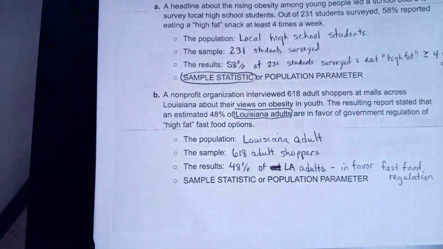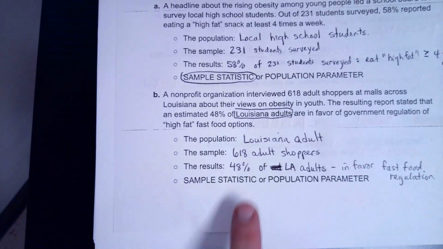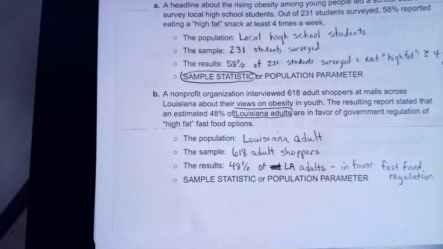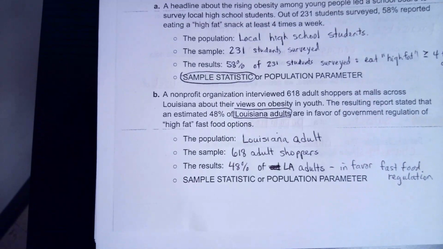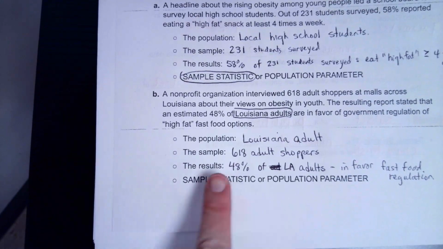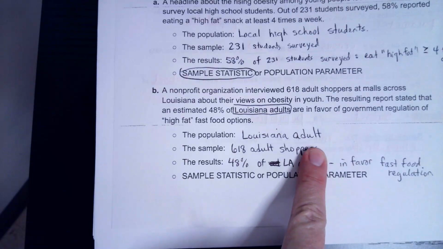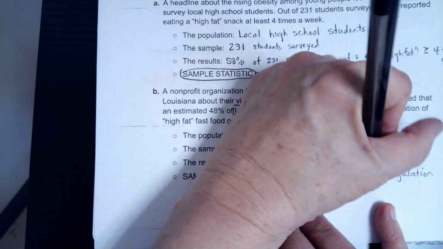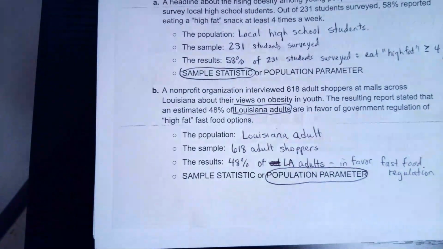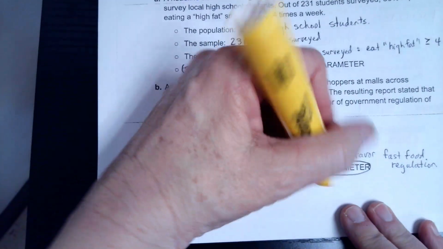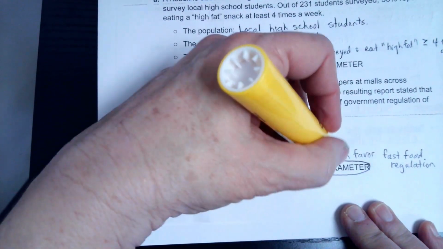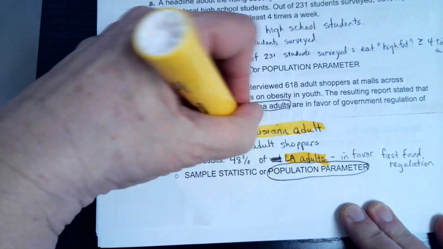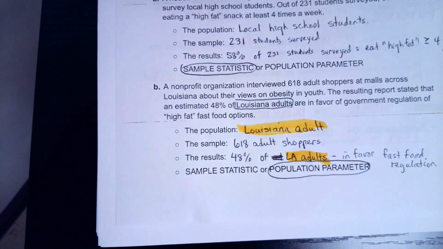Now, this is not saying 48% of the shoppers surveyed. They have applied it to the whole Louisiana adult population. So it is a population parameter because the results were applied to the whole population.